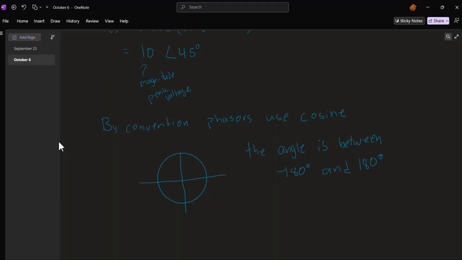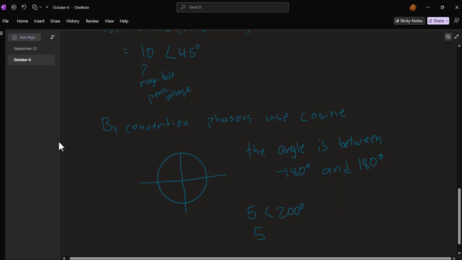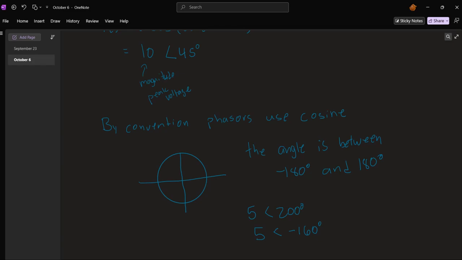So like if I had a phasor that was 5 angle 200 degrees, I would just rewrite that as 5 angle negative 160 degrees. You're subtracting it from 360 degrees.